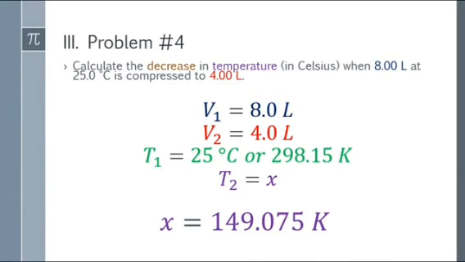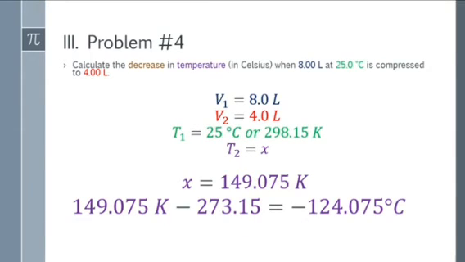However, we need to find the decrease in temperature in Celsius. So, paano natin gagawin yun, sir? So, gawin mo muna siyang Celsius, yung 149.075 Kelvin. Bawasan mo ng 273.15 and you will get negative 124.075. So, Celsius na yan. Ngayon, hanapin natin yung absolute value, yung difference, yung layo ng negative 124.075 sa 25 degrees.